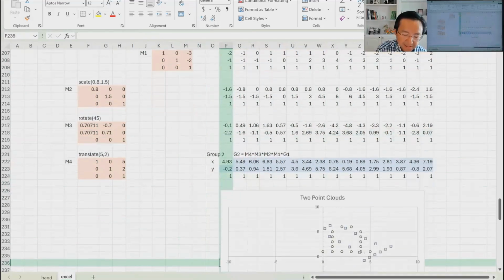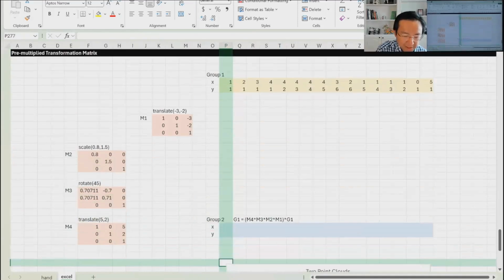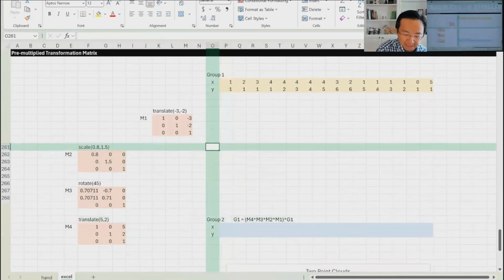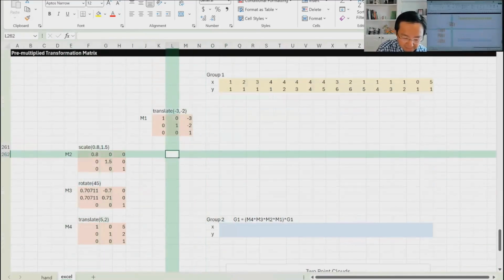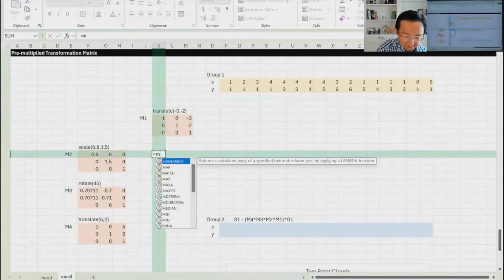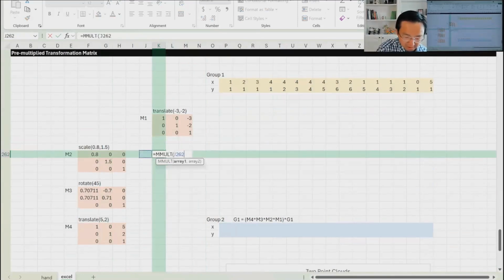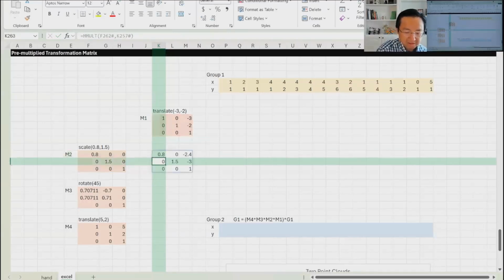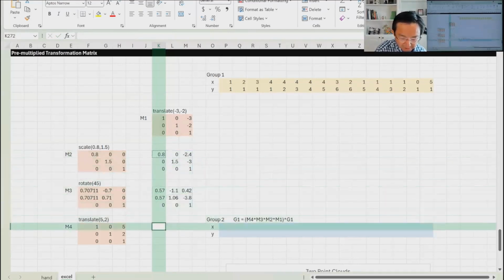Okay. And now we want to see what happens if we pre-multiply those transformation matrices. What I mean is that instead of multiplying directly, we pre-multiply this here, and then I just copy it over here because the relative position is going to give me the same.